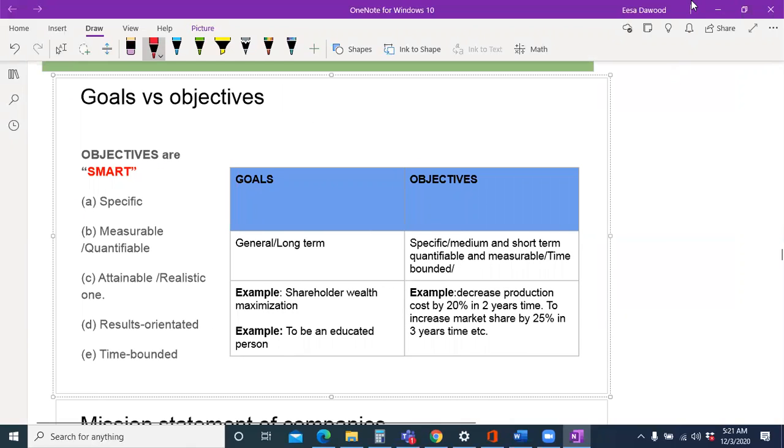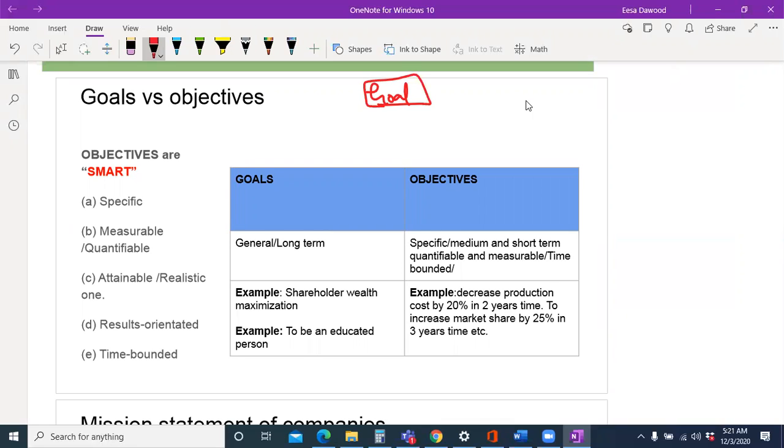Now, why does management need information? Starting from the primary objective of any profit-seeking organization, there are two types of organization: profit-seeking and non-profit organization like charity. A profit-seeking organization could be a manufacturing organization like Pepsi or Coca-Cola, or a service organization like Emirates, any hospital, any school.